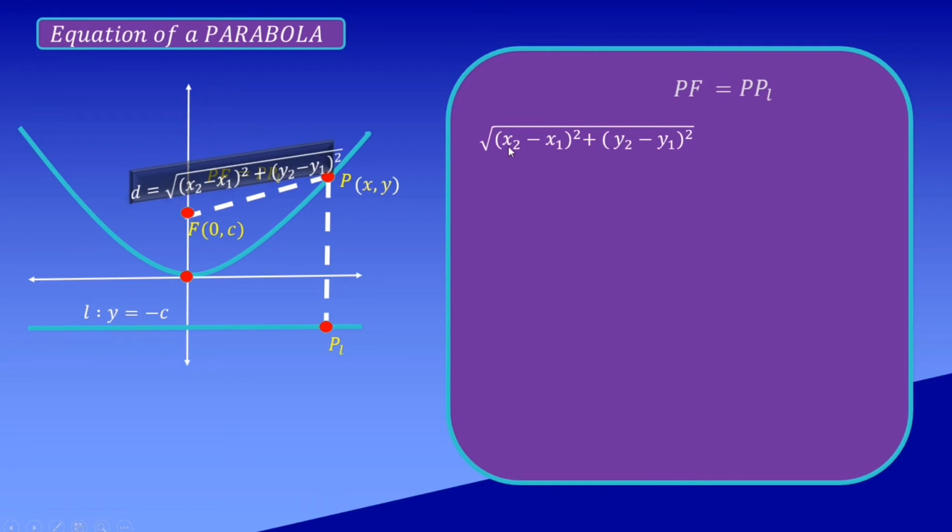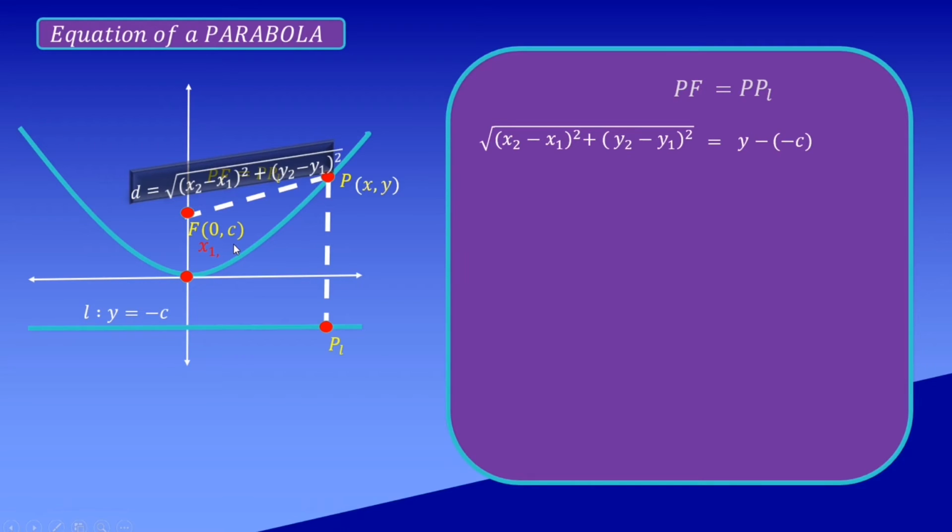So to find the distance between the two points, that is the quantity x sub 2 minus x sub 1 squared plus y sub 2 minus y sub 1 squared. And the distance between P and P sub L, since this is vertical, gamitin natin yung y-axis, y minus negative c.